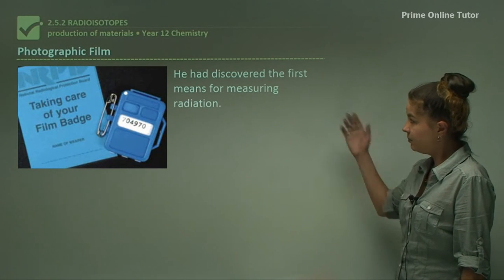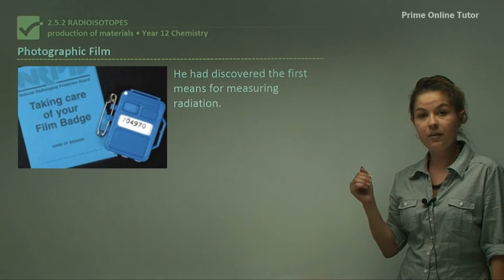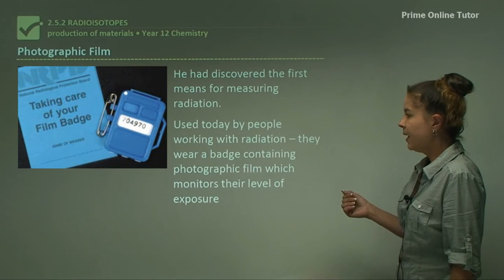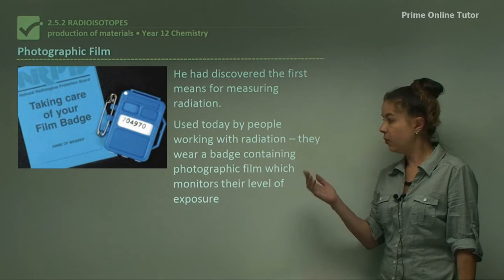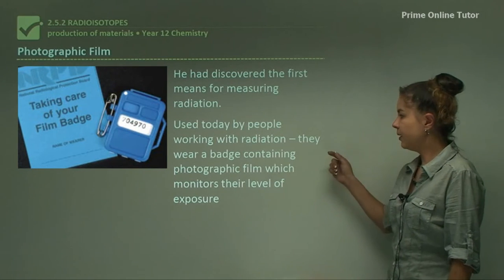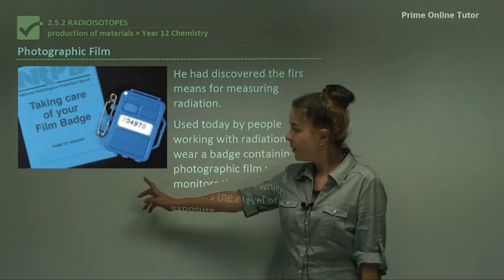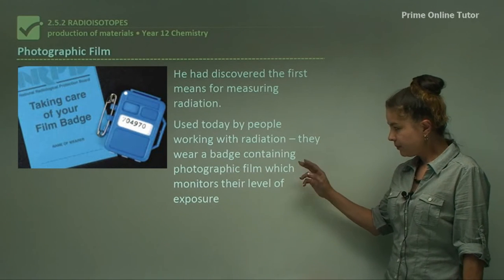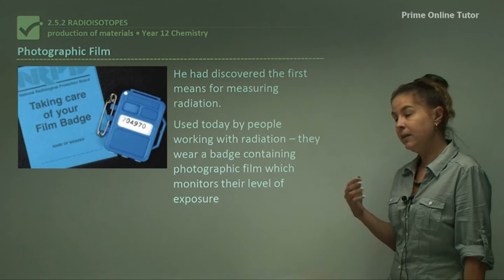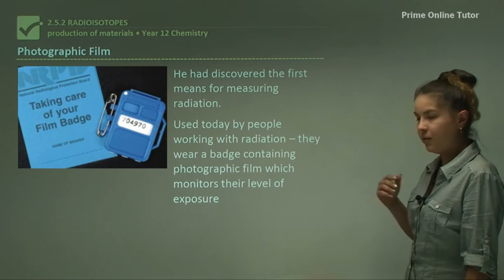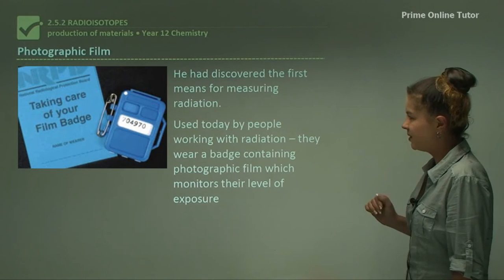And he actually discovered the first means for measuring radiation. It's used today by people who work with radiation, either scientists or medical staff, that sort of thing. They have to wear one of these badges, which contains photographic film, which monitors their level of exposure so that they make sure that they're not getting too much radiation, because it's not really that good for you.